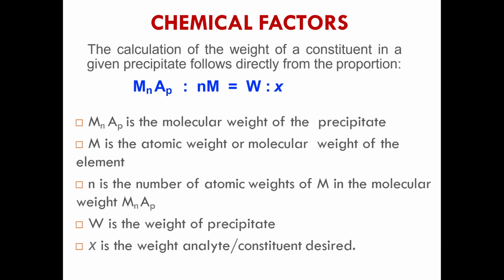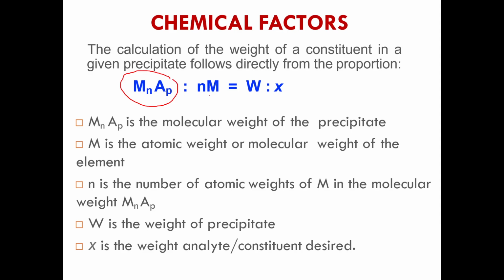So for chemical factor, the calculation of the weight of a constituent in a given precipitate follows directly from the proportion MnAp, which is the molecular weight of the precipitate, ratio with Nm.